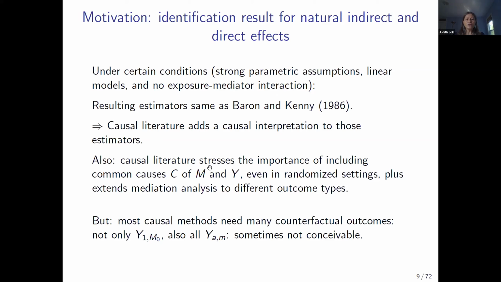The causal literature also stresses the importance of including common causes C of the mediator M and the outcome Y, even in randomized settings. It also extends mediation analysis to different outcome types than the continuous outcomes that the original research was about. So there is a lot of good work already done on causal mediation analysis.